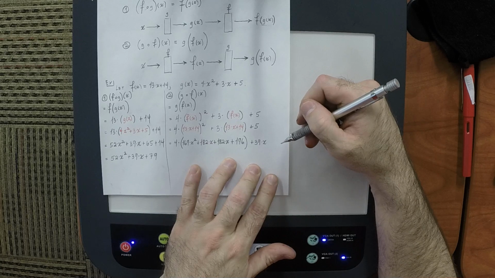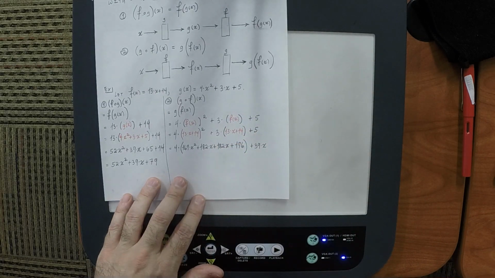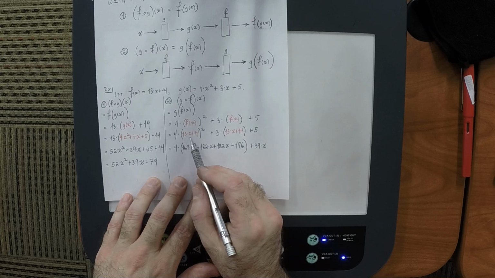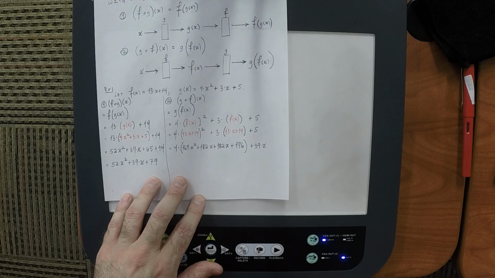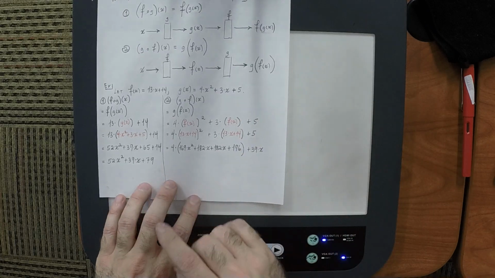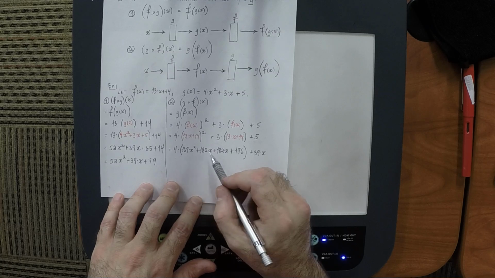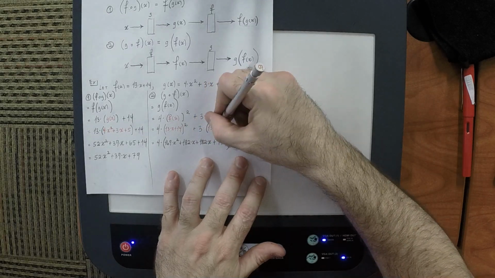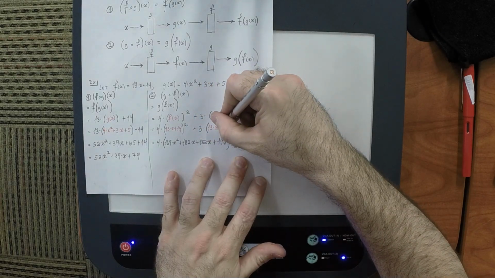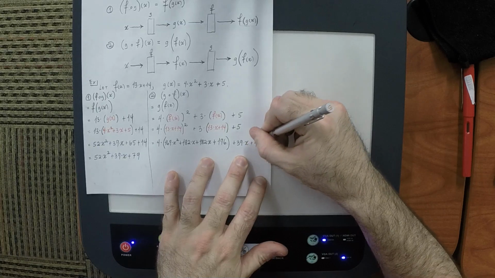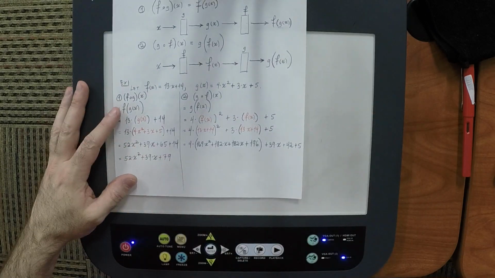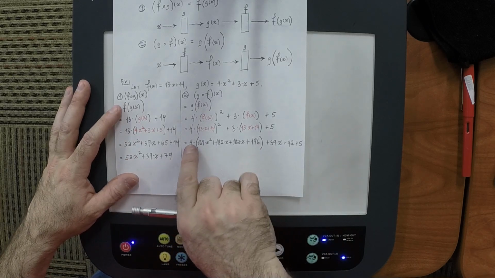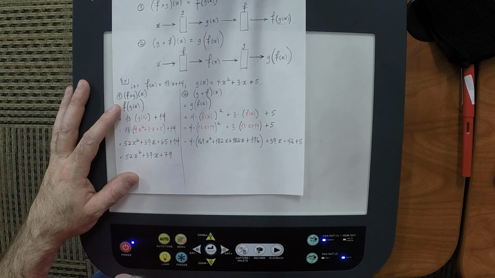Because there's an O and an I. This one times that one is O. That one times that one is I. Alternatively, you've got to remember in a plus b all squared, it's a squared plus twice ab plus b squared. Okay, so then 39x plus 42 plus 5. Okay, good. Now that the exponent is out of the way, now the 4 is free to participate.